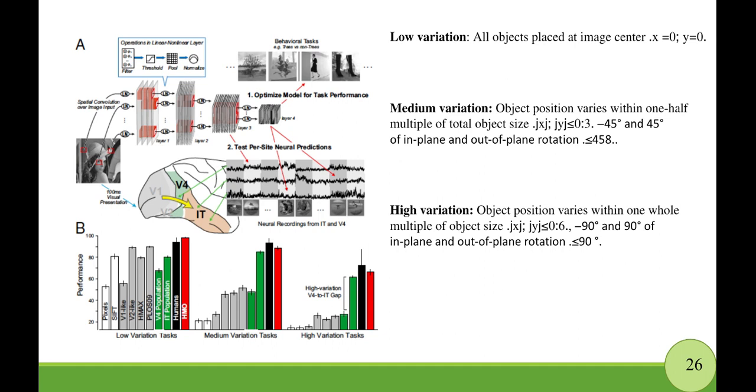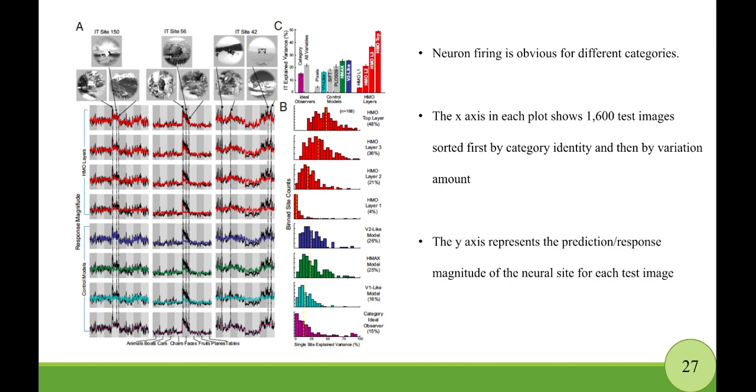And then for the IT performance, the model is very good in predicting IT performance, up to all three levels. But in the high and medium variations, those other state of the art algorithms cannot catch it, and they're doing a poor job.